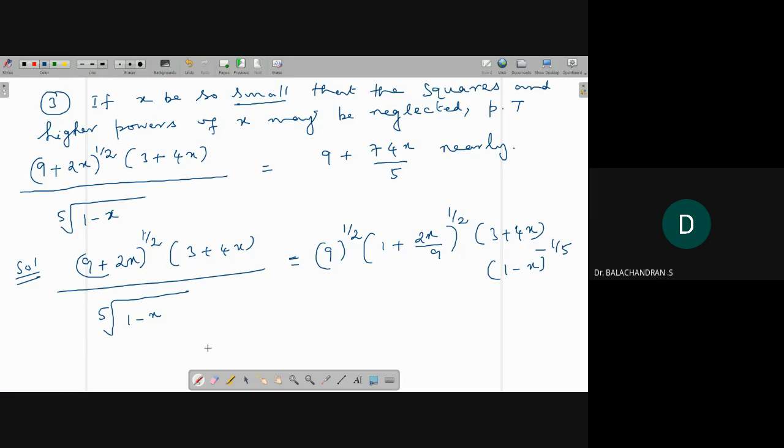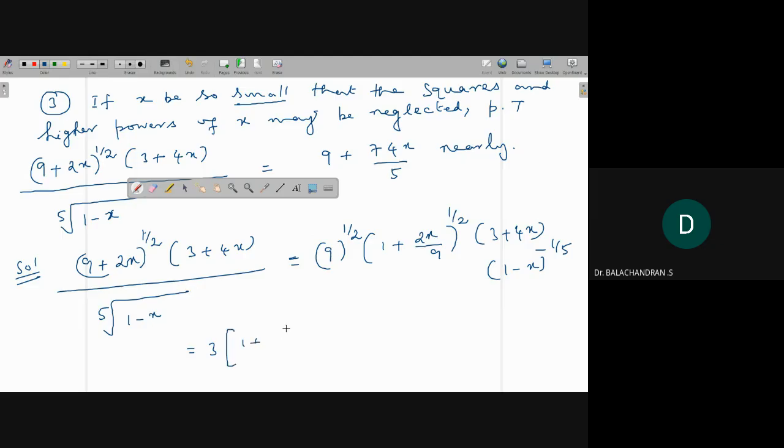So this is equal to 3, since 9 power half is 3, into the (1 plus x) whole power n expansion. That is 1 plus (1 by 2) divided by 1 factorial into x, where x is 2x by 9. Up to the x term is enough because here I have maximum x, and everything is in the product.